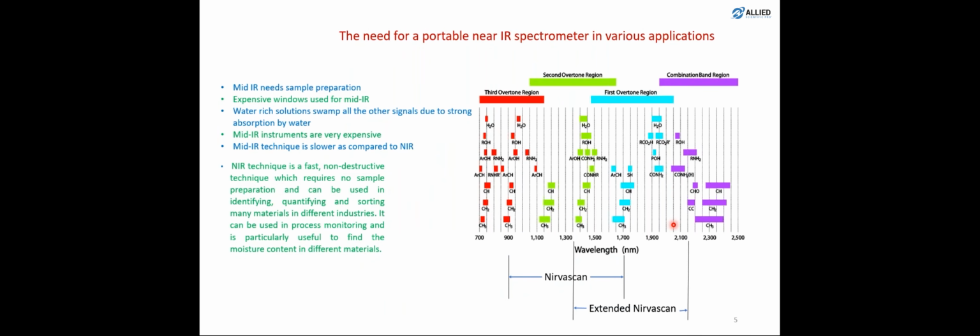1350 to 2150 basically looks at the first overtone region. If you remember, I showed you here. So this will be the first overtone region that these spectrometers will look at. These spectrometers are more expensive, nearly about $5,000, so they are used mostly for special applications.